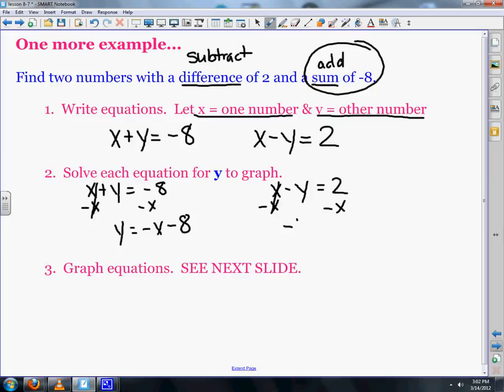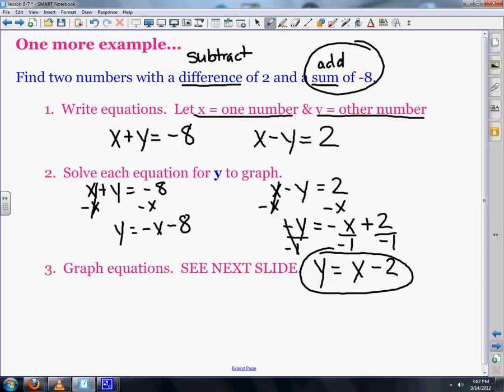That cancels. We have the opposite of y equals the opposite of x plus 2. Divide by -1 to get rid of that negative in front of the y, and we have y equals x minus 2, because negative divided by a negative is positive. So here are the two equations that we are going to graph.